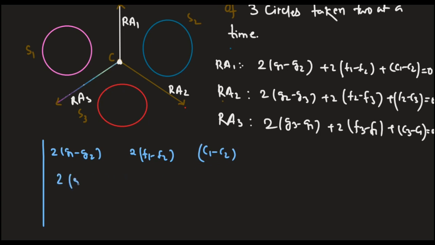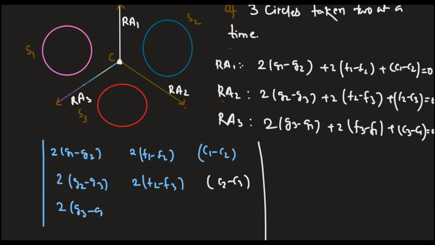Again the second row is 2 times (G2 minus G3), 2 times (F2 minus F3), and C2 minus C3. Next we have 2 times (G3 minus G1), 2 times (F3 minus F1), and then C3 minus C1.